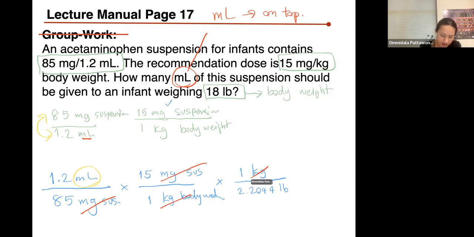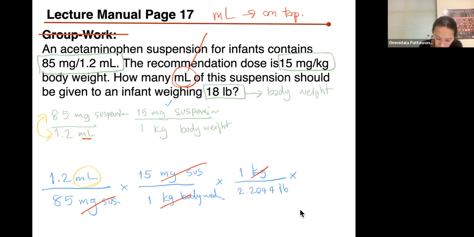You have pounds left. Remember, this is kilogram, which is the mass of the body weight. So therefore, this pound right here is going to be the mass of the body weight also. So the last thing you need to do is get rid of this pound, because if you don't, it's going to be milliliter per pound. That is not what we want. We want just the milliliter.